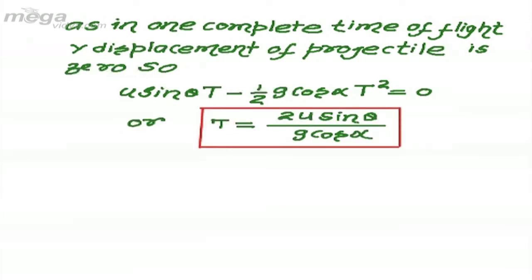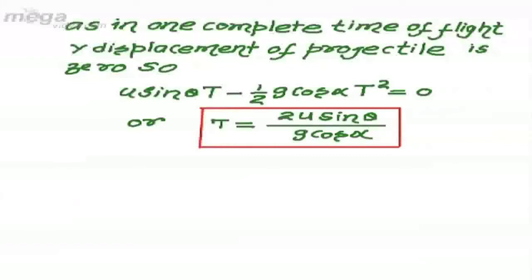So u sin theta t minus half g cos alpha t square is equal to 0, or time of flight t is equal to twice u sin theta divided by g cos alpha.